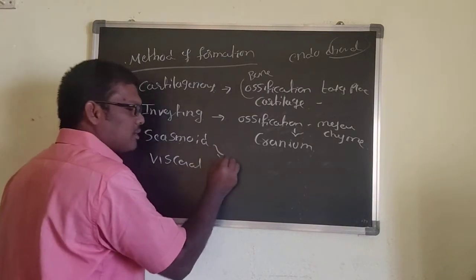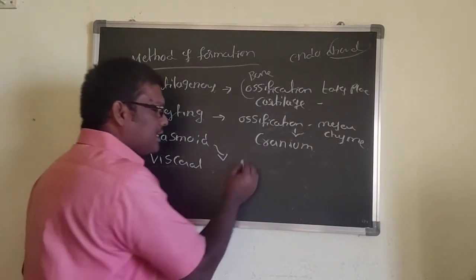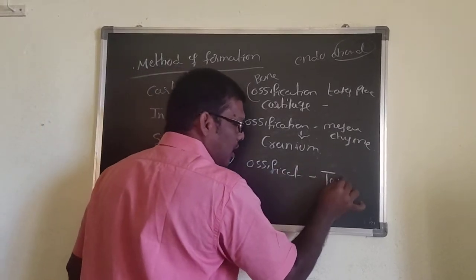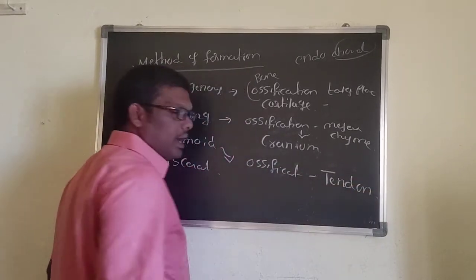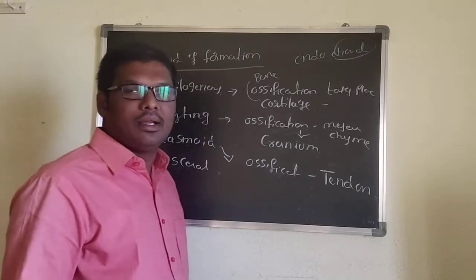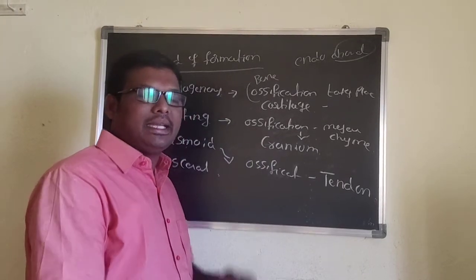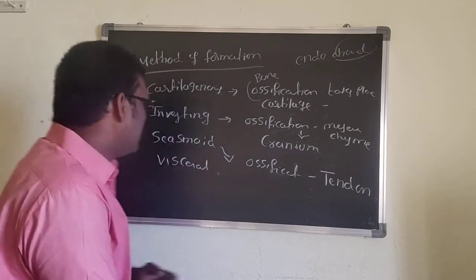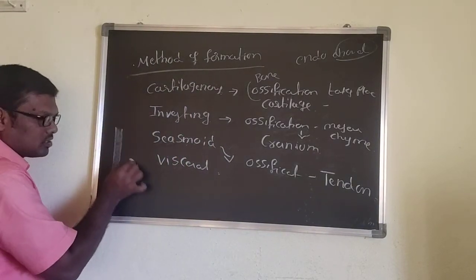And then sesamoid bone. Sesamoid bone means ossification takes place in a tendon. I already said what a tendon is: a connective tissue between the bones and muscles. Here is the bone and here is the muscle.